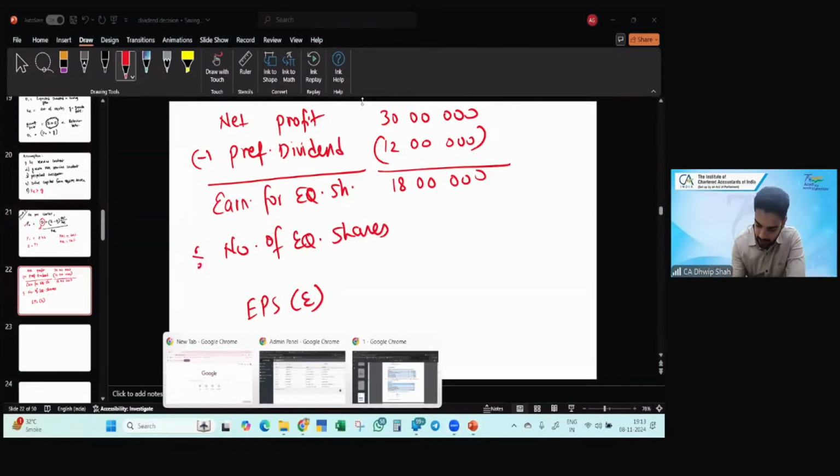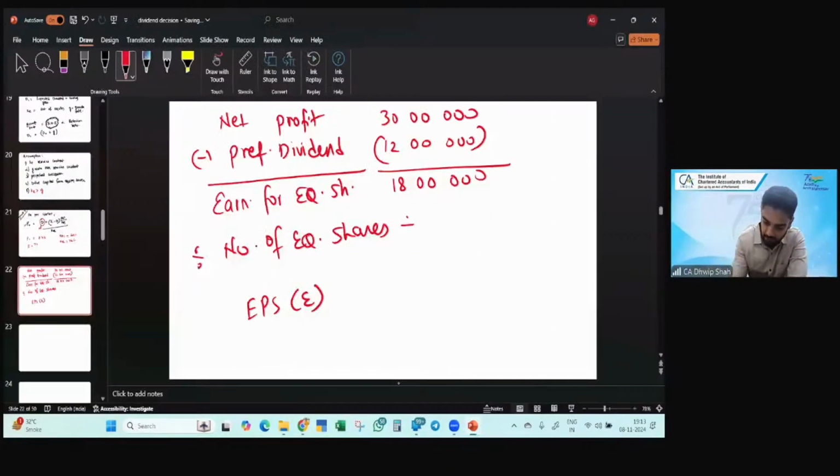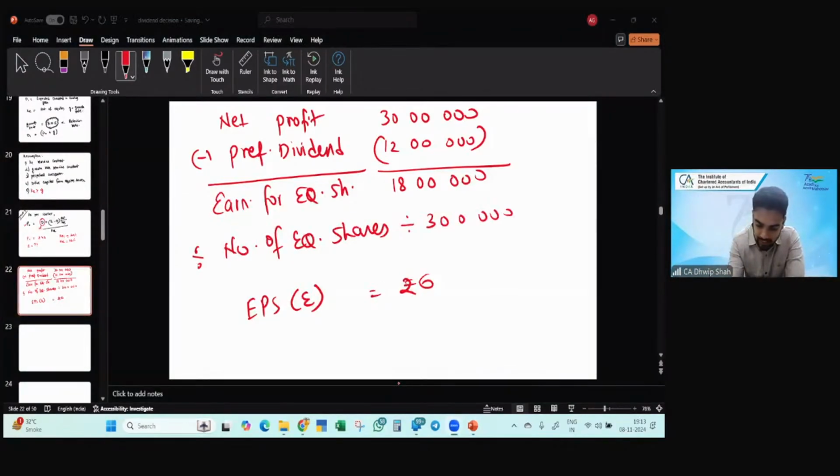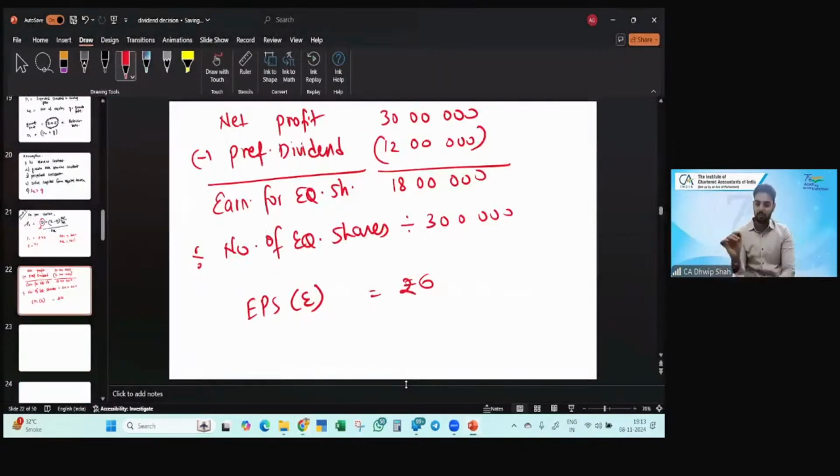Number of equity shares is 3 lakhs. So can I say my EPS comes to rupees 6? Not 6 lakh, it is just rupees 6. Don't make such a mistake in the exam.